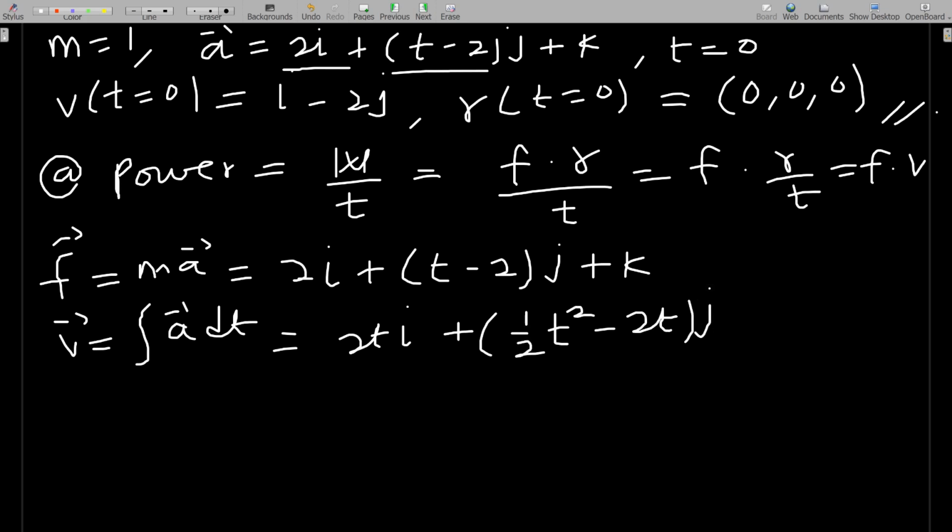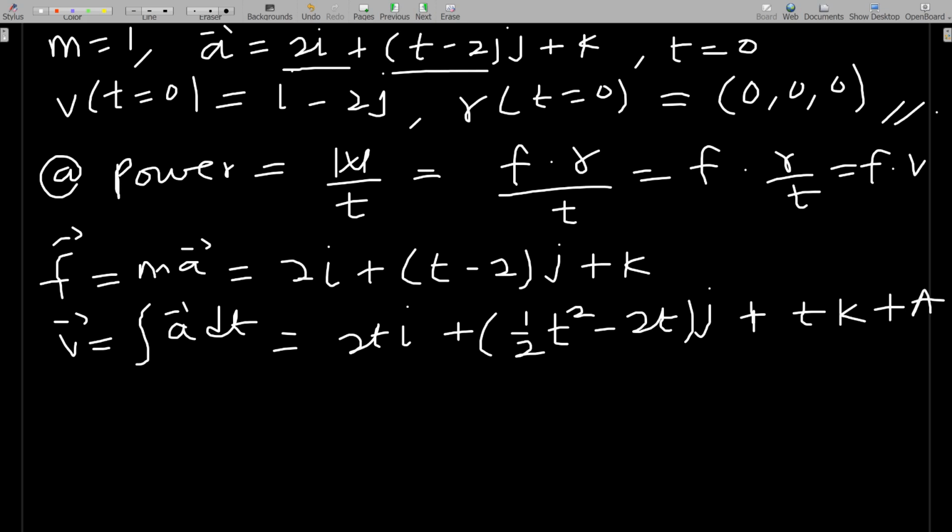Just integrate them term by term like that. Plus integrate 1k with respect to t, and you have just tk. Then after integration, we get a constant A. That is your velocity.